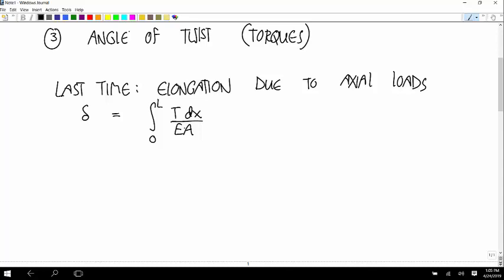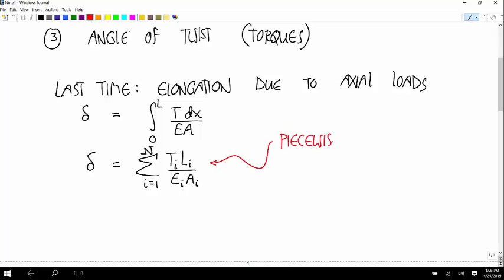And then if you have a piecewise constant member, you can do this as the sum over all the individual pieces of T_i L_i over E_i A_i, where the sum is just over the number of pieces.